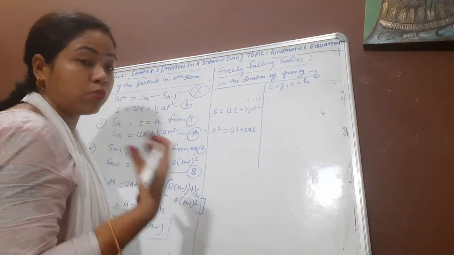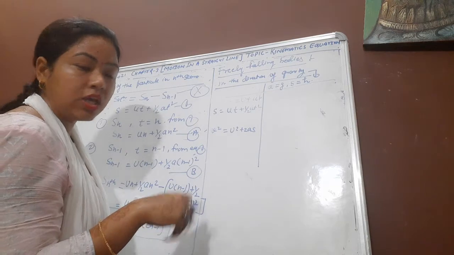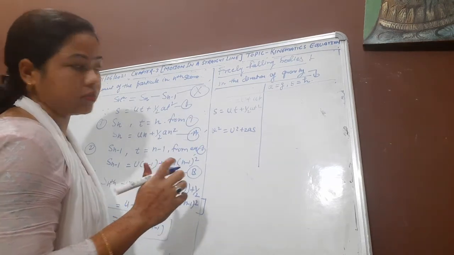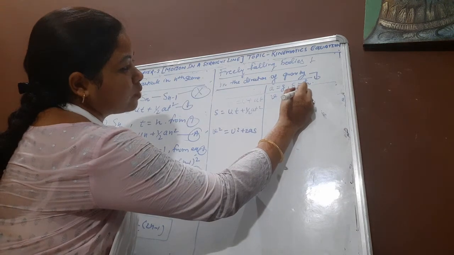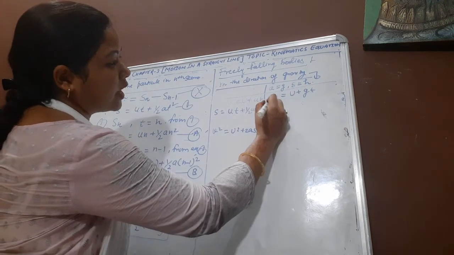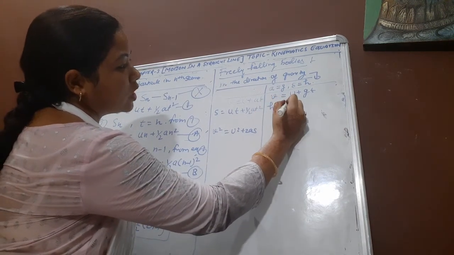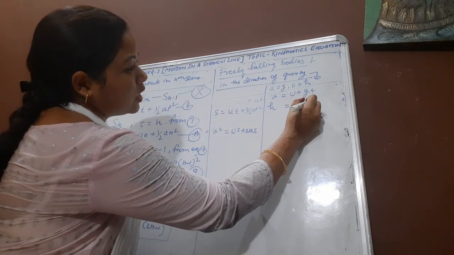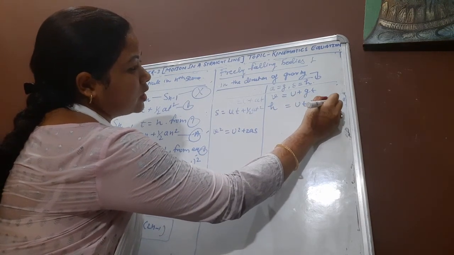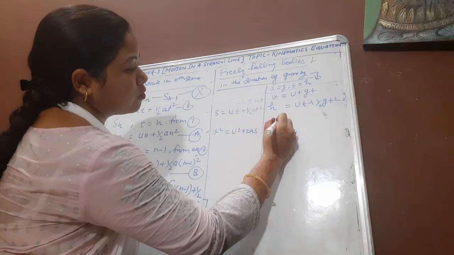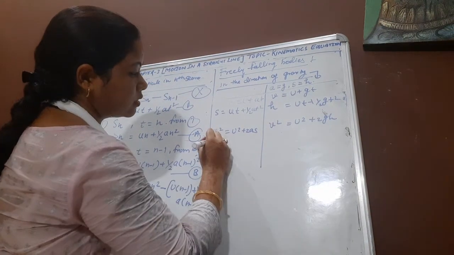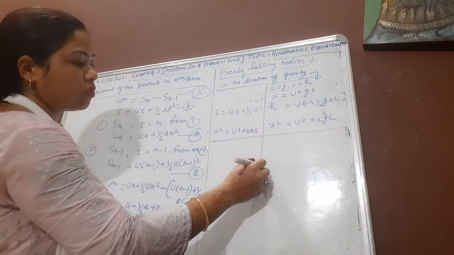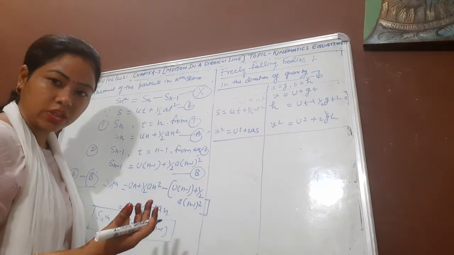When the motion is in the direction of gravity, g will be taken as positive. So the first equation of motion will change to v equals to u plus gt. The second equation will change into h equals to ut plus half gt square, and the third equation is v square equals to u square plus 2gh. These are the equations of motion in the direction of gravity.